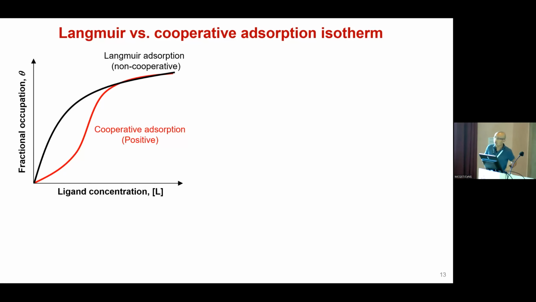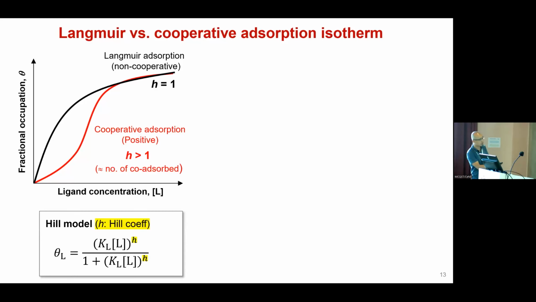Now, if the adsorbate on the surface adsorb cooperatively, you can have this sigmoidal isotherm and give you a positive absorption cooperativity.